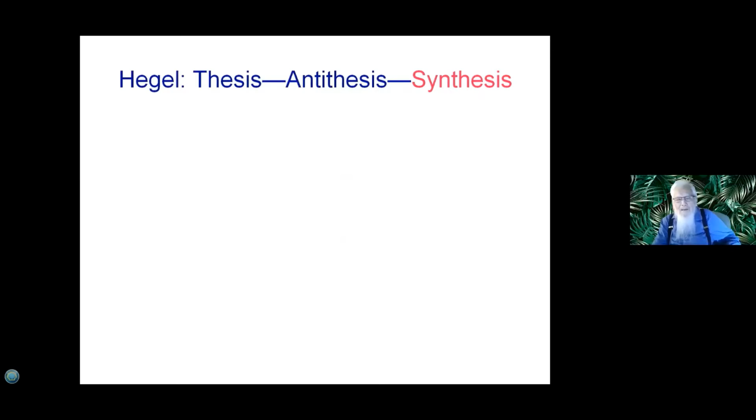And he had this idea that people promote a thesis, and then come other people and they promote an antithesis. And then one comes and makes a synthesis. One puts together the best parts of the thesis and the best parts of the antithesis, and we throw out the bad parts of both. And that's what we're going to do.